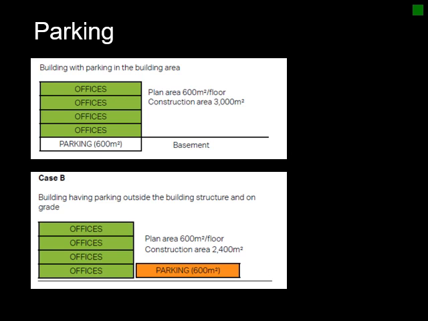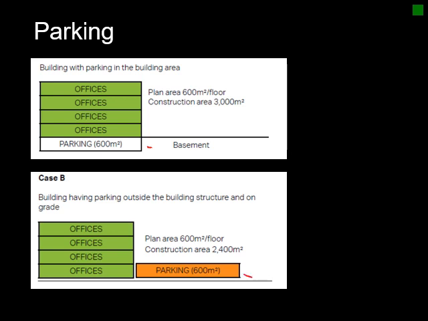Okay, then we get to our next section, parking, and the considerations of that. This is something that you need to look at as well. We've got two scenarios: one building with a basement, and another building with external parking.